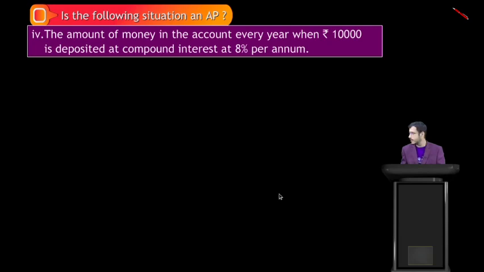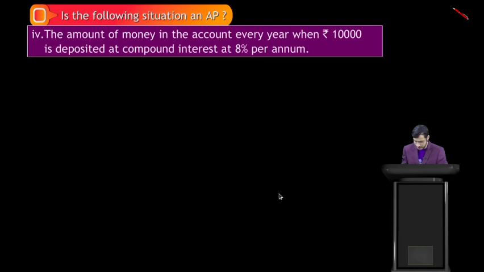Now here is one example: is the following situation an AP? The amount of money in the account every year when rupees 10,000 is deposited at compound interest at 8% per annum. Can you tell me, is the following situation an AP or not?